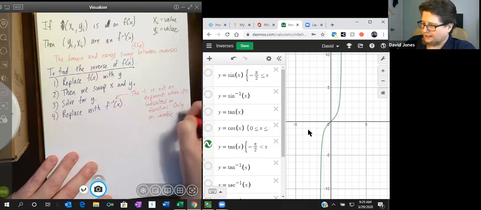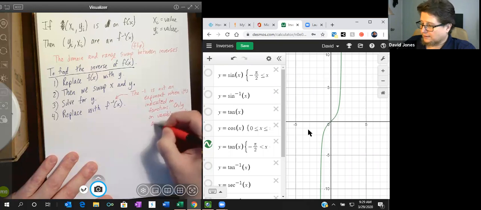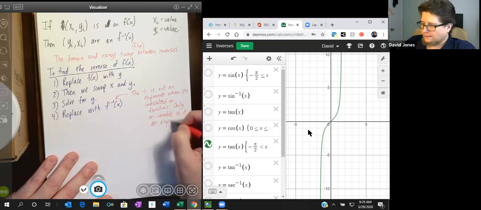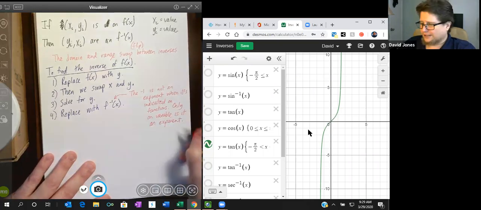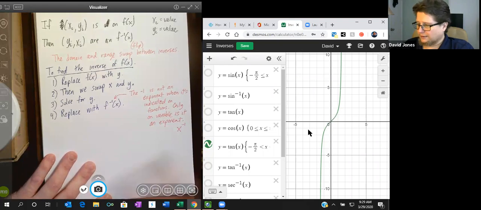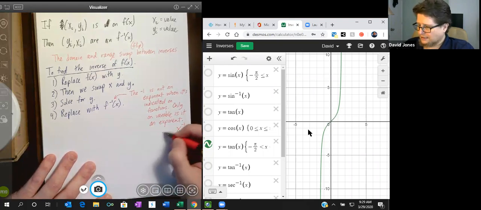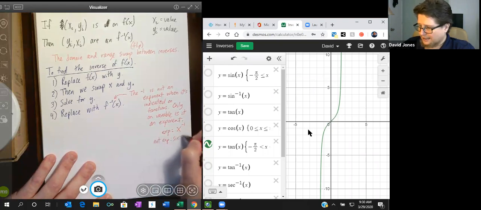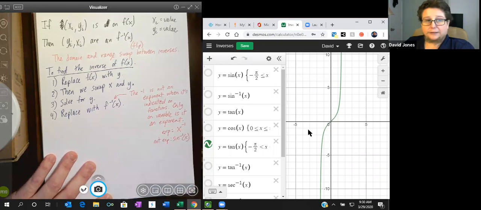Or is it an exponent? For example, x to the negative 1, that is an exponent. It's not an exponent if we have something like this, sine inverse of x.